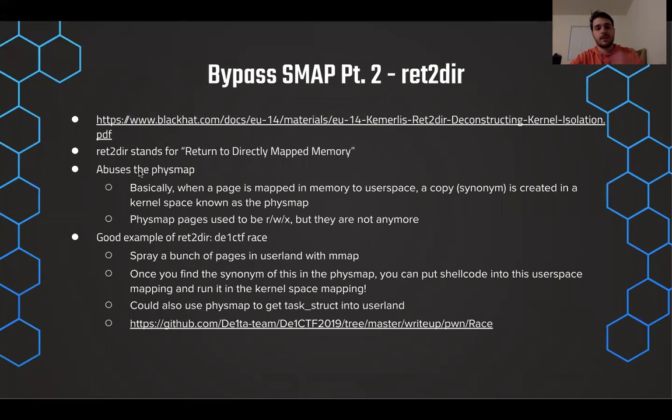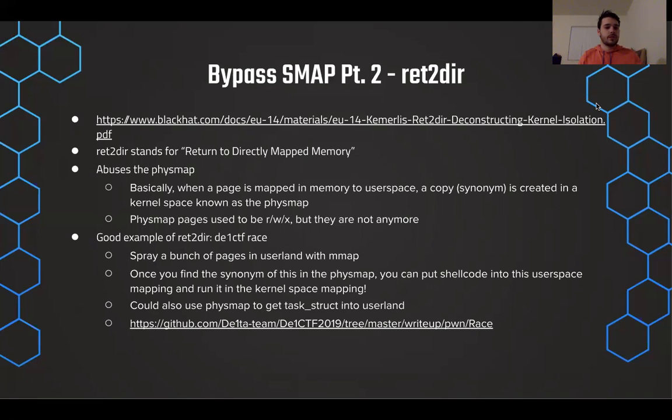The other way to bypass this is something called ret2dir, which stands for return to directly mapped memory. This one, you can abuse this thing called the physmap, which basically is a mapping of these synonyms, which is basically like all of the userland pages have some sort of a mapping in kernel land.